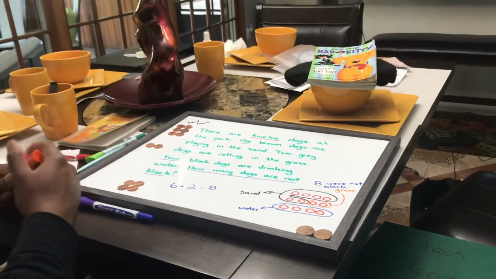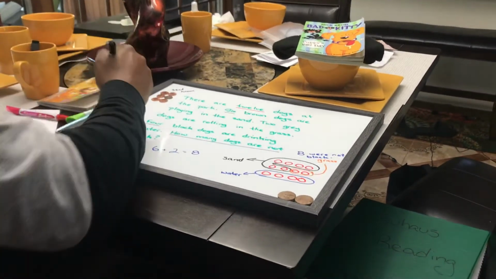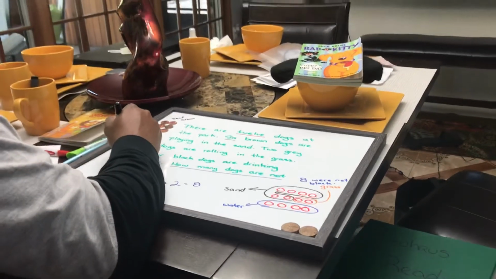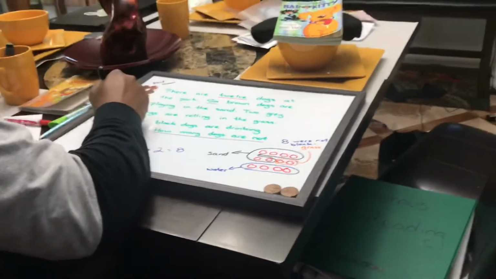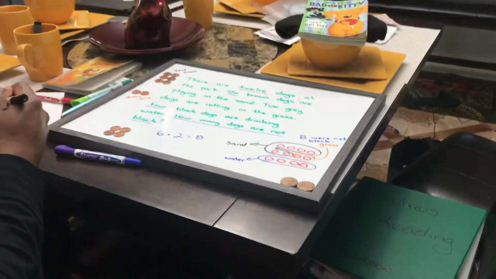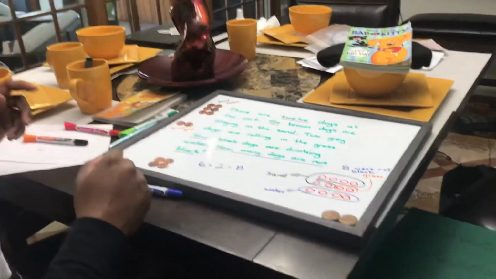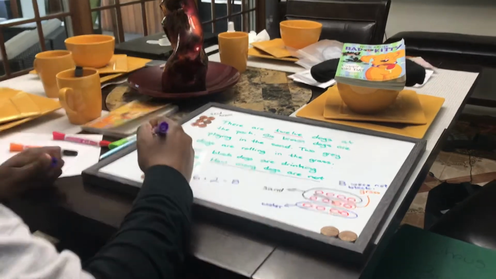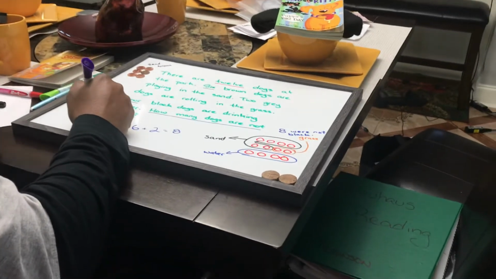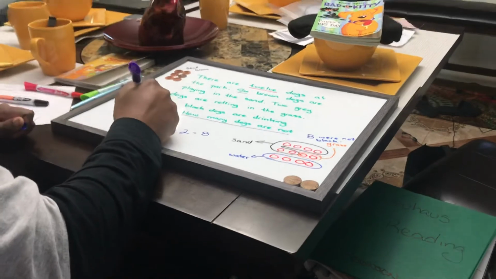So we're going to move our 2, and they were orange. And these are our gray dogs. So we're going to write grass and gray so that we'll know. And then it says our 4 black dogs are drinking water. So we're going to leave these here, at the water hole, and these are our black dogs.